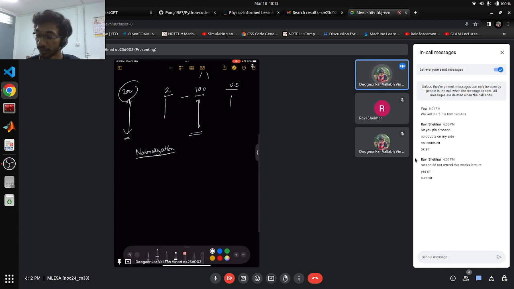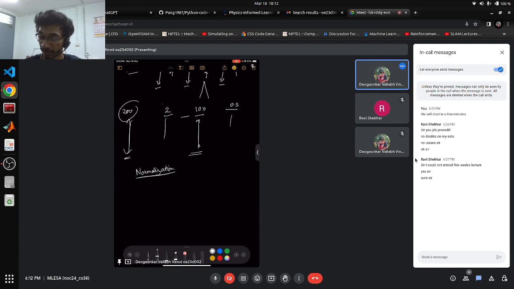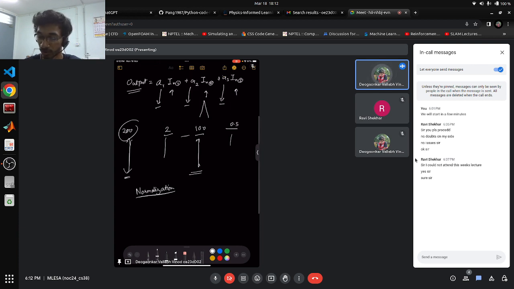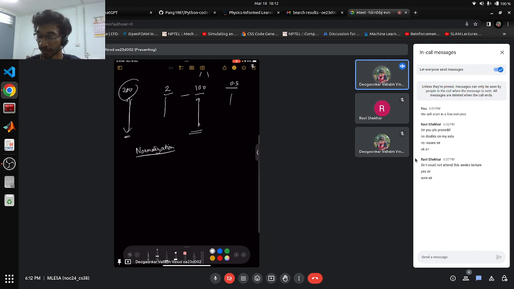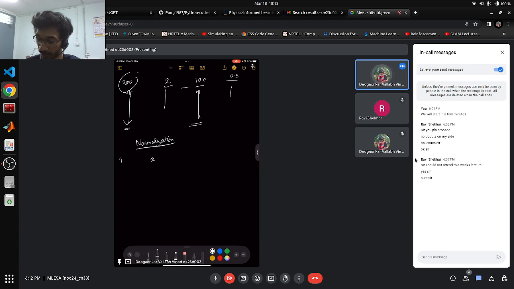So the idea of normalization is that you will take all the values of input feature 1 in your entire data set. Let's say for the first data point, I'm going to put 1 at the top to denote the data point number, and 1 at the bottom for the feature number.